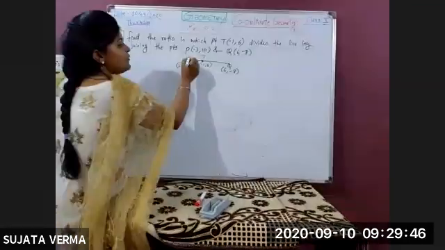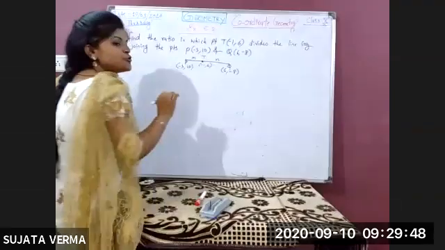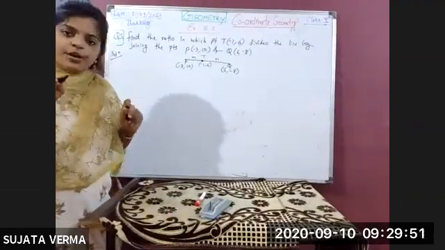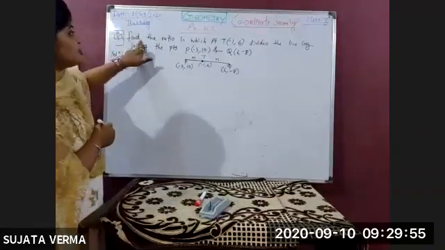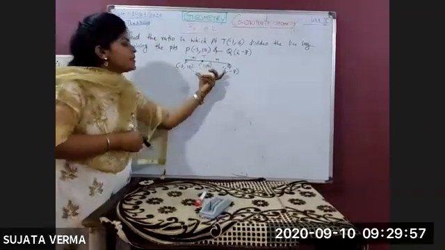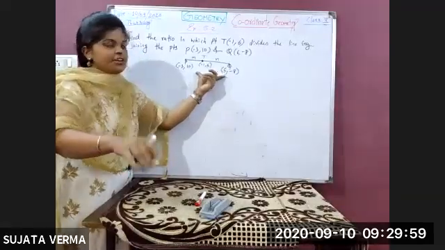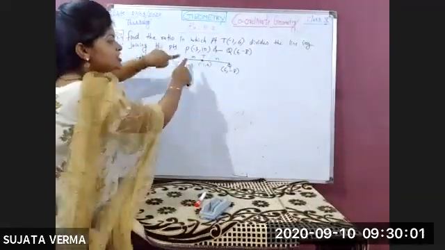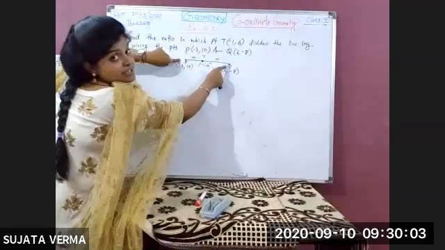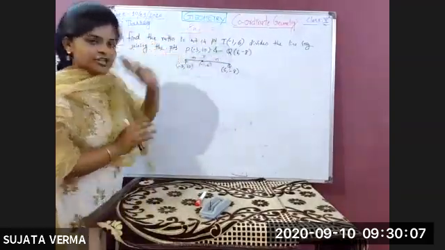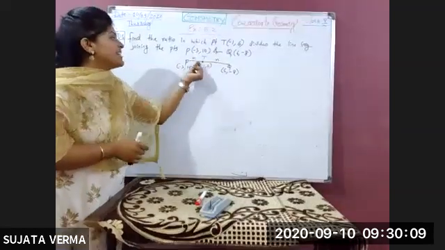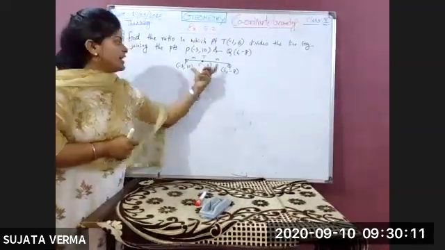But we have to find the ratio, that is M is to N. Clear? Listen. In this question, the coordinates of the line segment are given and the point which divides the line segment. Coordinates are given, but we have to find the ratio in which this point divides the line PQ.